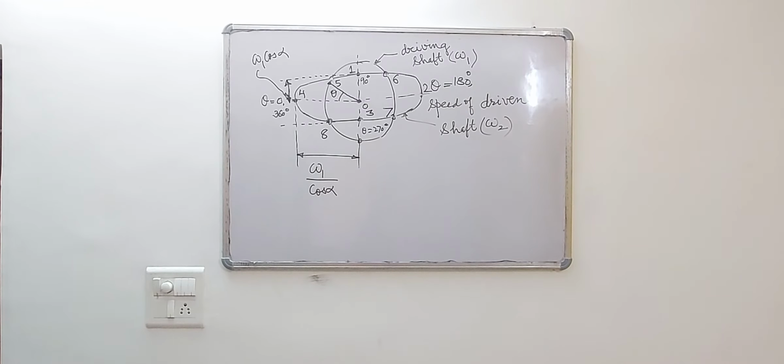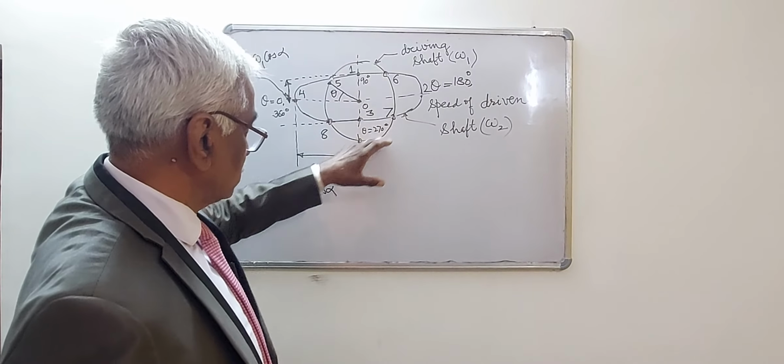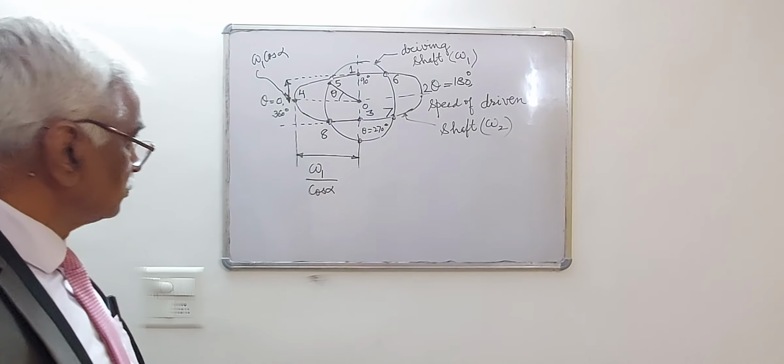And the speed of the driving shaft is always constant, that is omega 1. I again repeat this point for you. The angular speed of the driven shaft, that is omega 2, is represented by an ellipse having semi-major axis omega 1 by cos alpha and semi-minor axis omega 1 cos alpha, that is this value and this value.